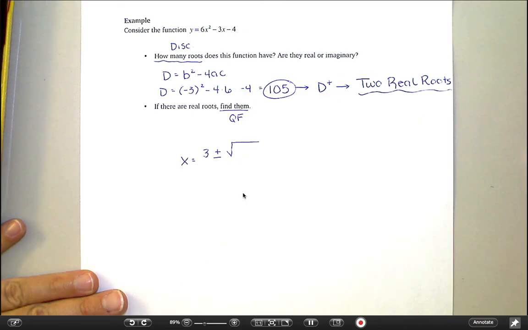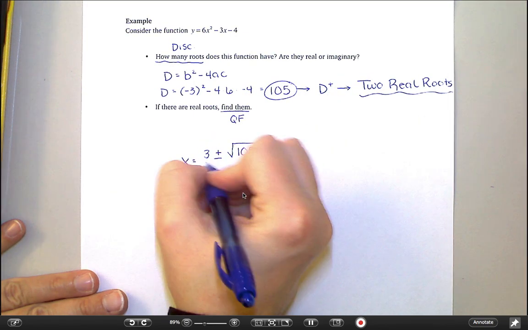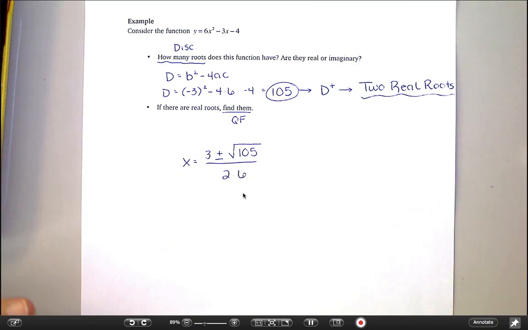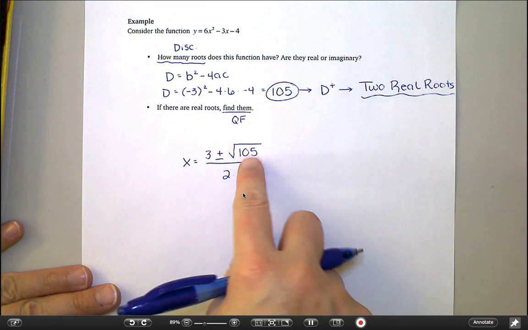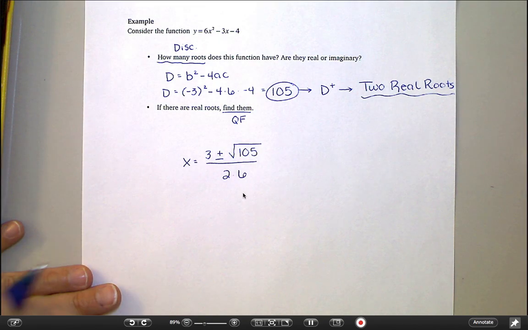It's just going to equal 105. So I'm just going to plug that 105 right in there, all over 2 times my a value, which is 6. I'm going to just do this one with decimals, because if we're talking about roots, we're talking about places on a graph, and that's going to make more sense. So square root of 105 is equal to 10.25.